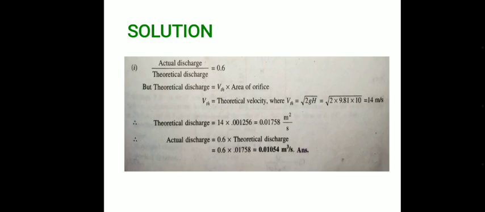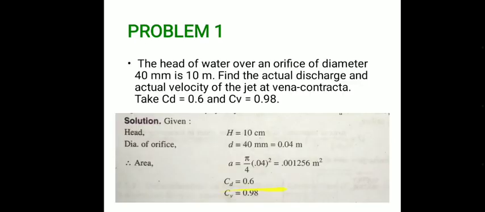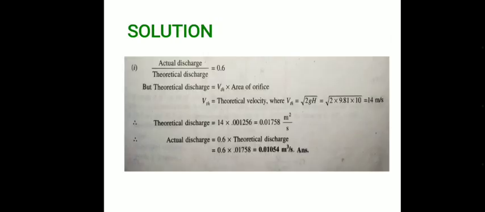Then we have the equation for coefficient of discharge, which is actual discharge by theoretical discharge, given as 0.6. Guys, the problem is we don't know either the value of actual discharge or theoretical discharge.